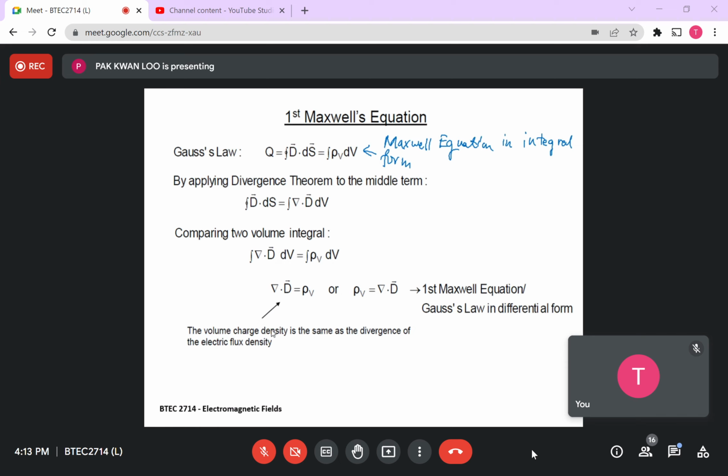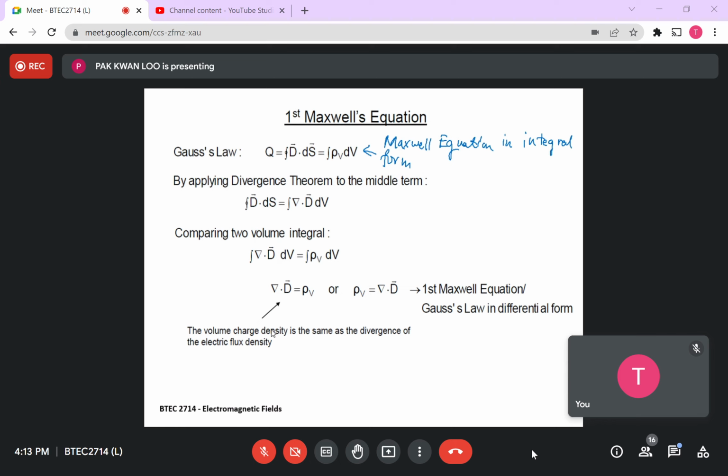If you look at the two equations now, one is the unknown from Gauss law. One is D is unknown, and we want to determine it.